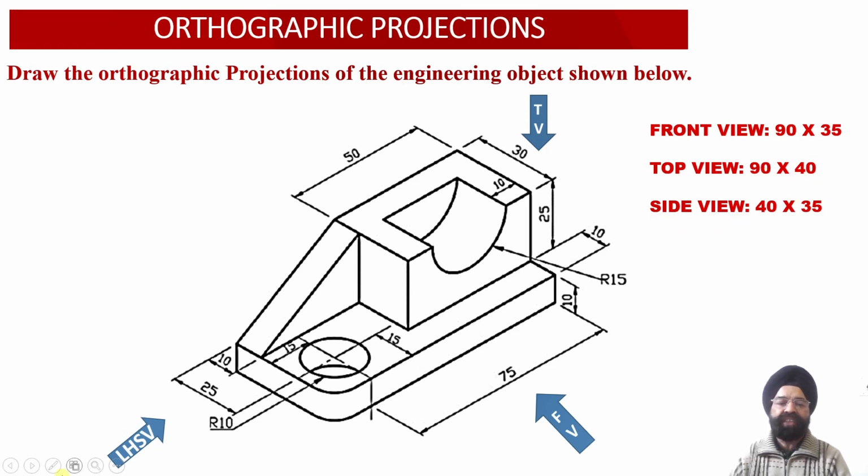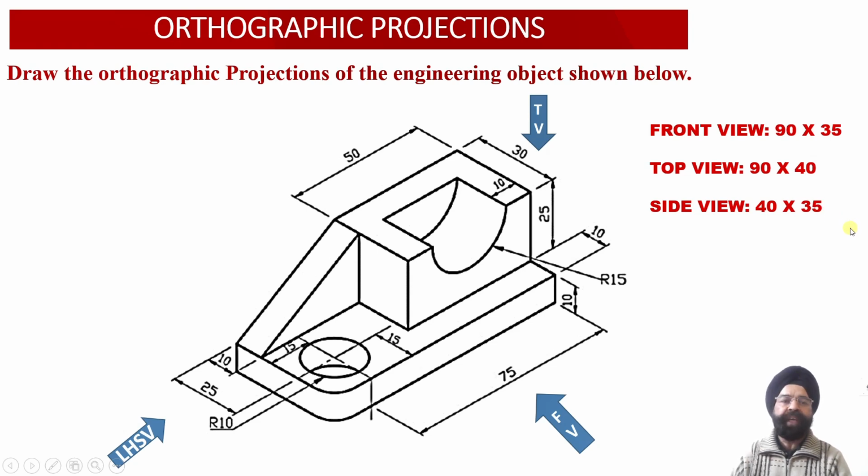When we look at the solid from the left hand side view orientation, the depth of the solid is 40 millimeter, while the height is 35 millimeter. So the side view face will have the dimensions 40 millimeter by 35 millimeter.